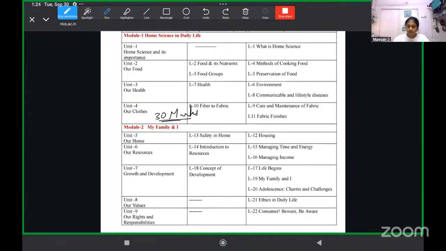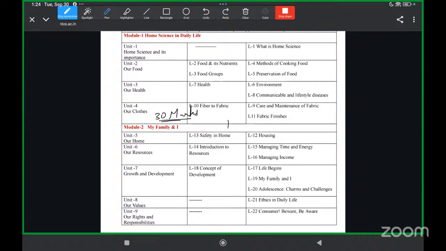For half-yearly papers, I'll be keeping either 60 or 70 marks papers. No 80 marks; before it was 80. And for the final exam, 100 marks.